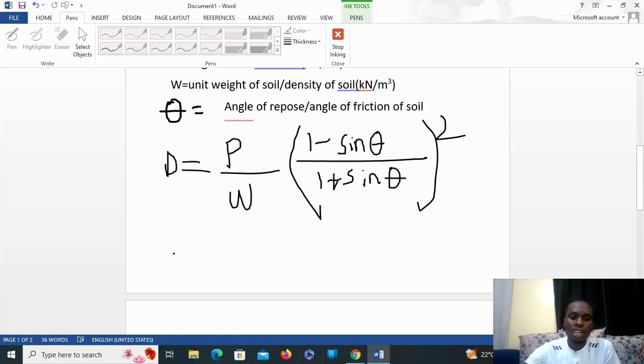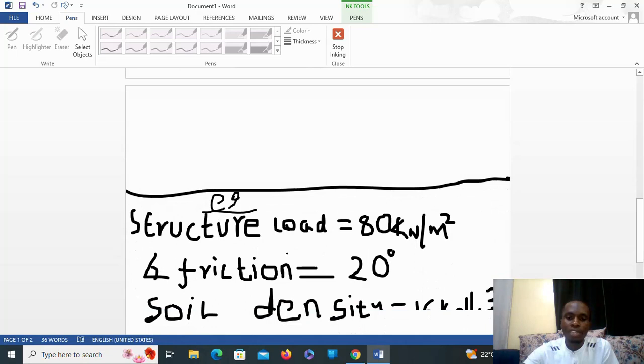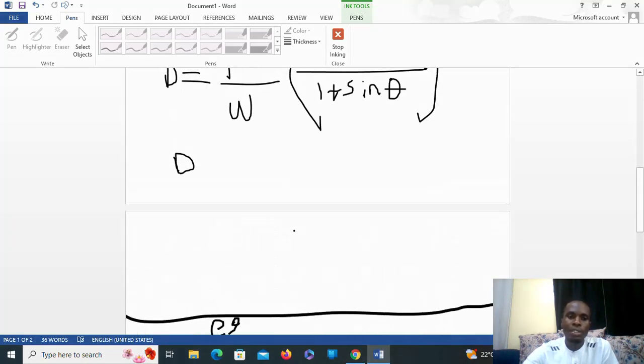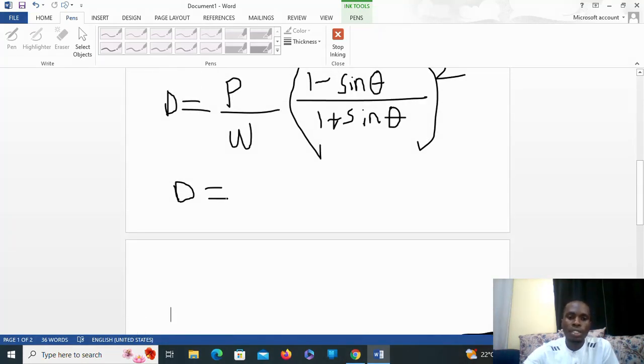So in our case, to get the depth of this foundation from the example given here, we have the structure load, which is 80 kilonewton per square meter. That is, it's subjecting a weight of 80 kilonewton per every square meter.